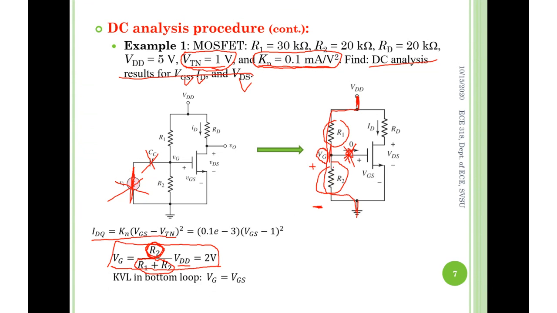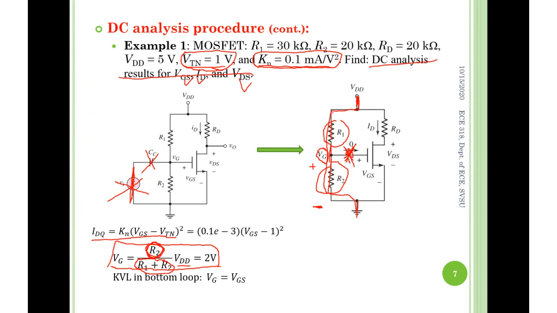Same I1, right? Because once again, this is an open circuit. There's no current here. So current here equals current here. R1's current equals R2's current. Does it make sense? So either way, the voltage divider will be easier to understand.